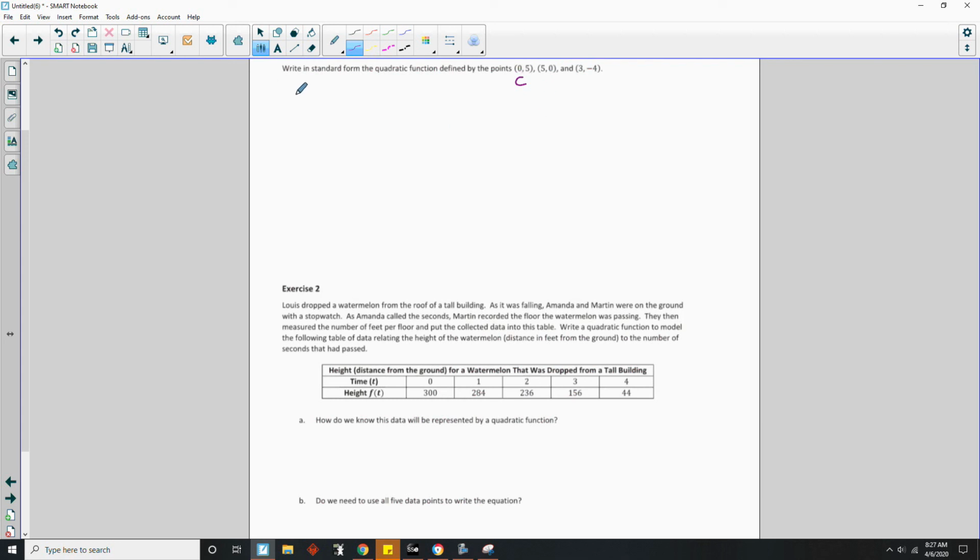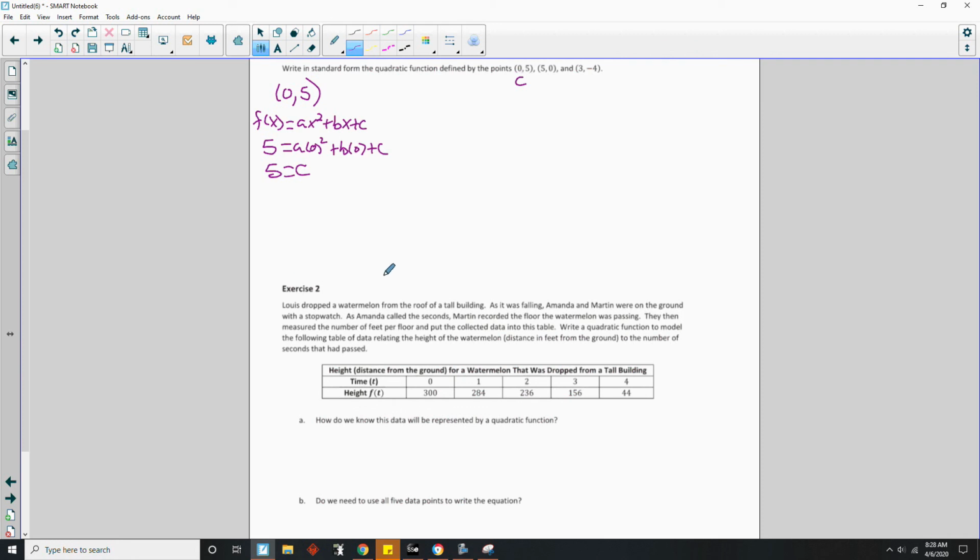So for starters, if we take the point (0, 5) and we use f of x equals ax squared plus bx plus c, and substitute in the givens, y is 5, x is 0, and when I solve this, I get 5 equals c.